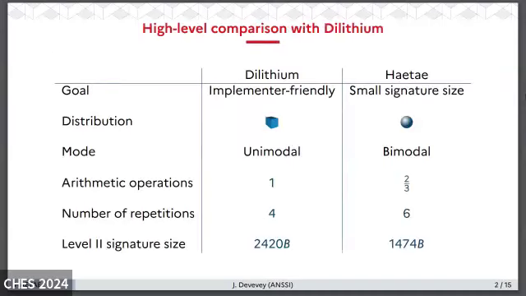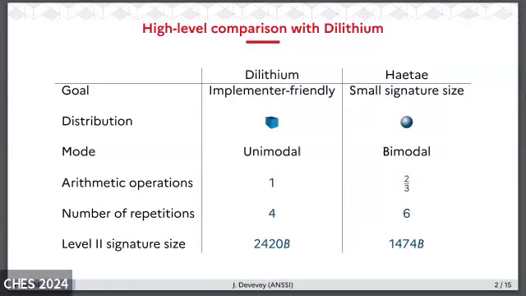And when I say that it's Dilithium's little cousin, that's because they are very similar. It's just that their goal is slightly different. Our goal was to take Dilithium's framework and see how much we could shrink the signature size, which resulted in a signature which is not as implementer-friendly as Dilithium, which is maybe something I should not say to the CHES audience, but here we are.